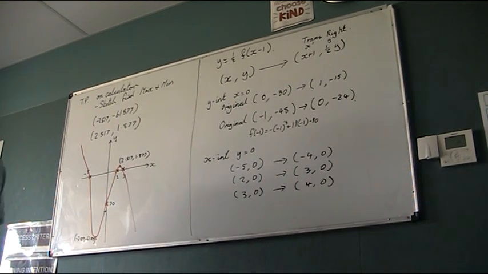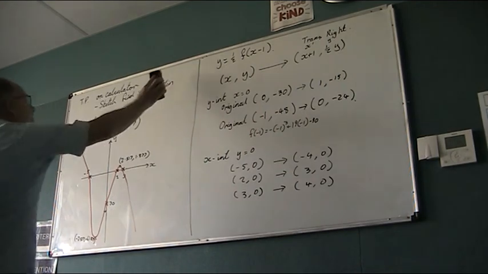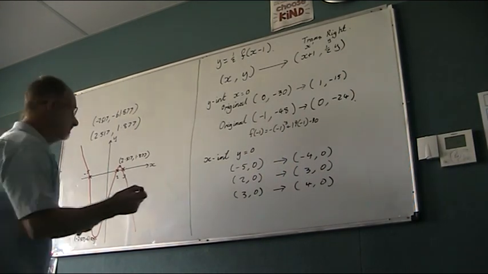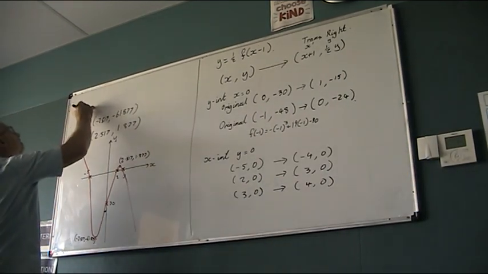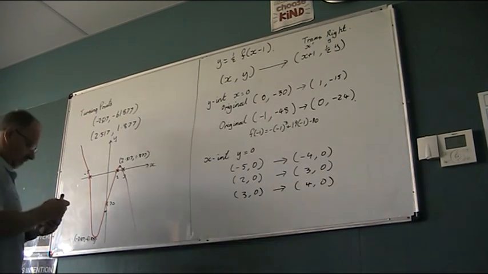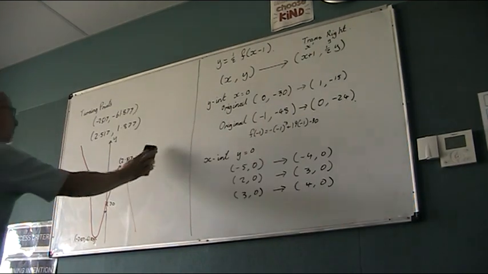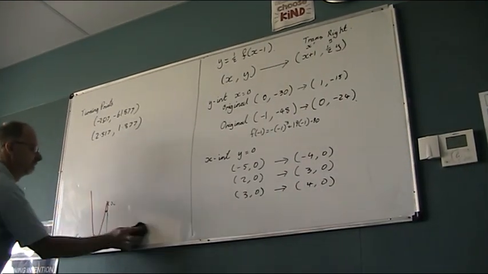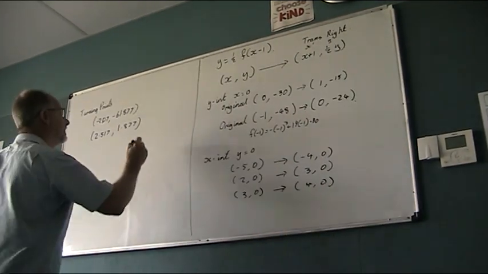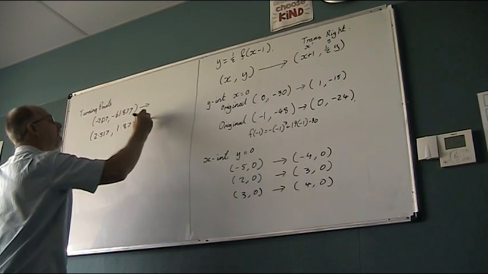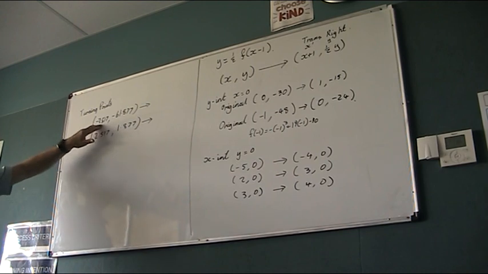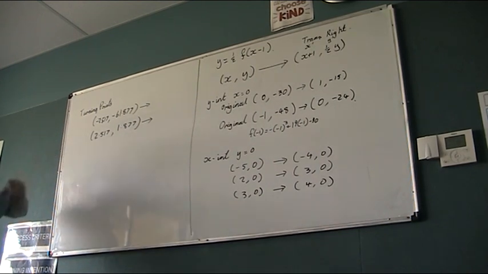Then we've got to do our turning points. Let's get rid of that graph so we're not confused. All right, so here's our turning points. What happens to the x values here? Add 1.